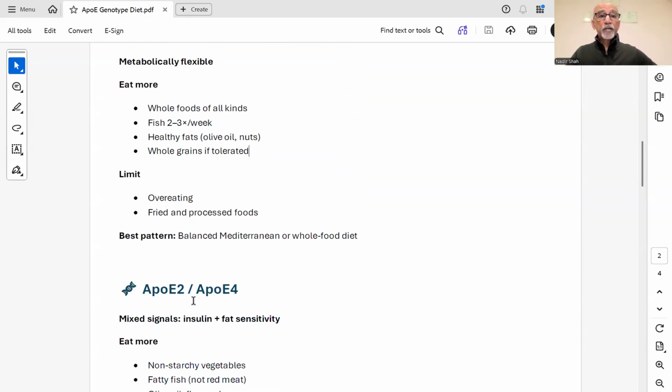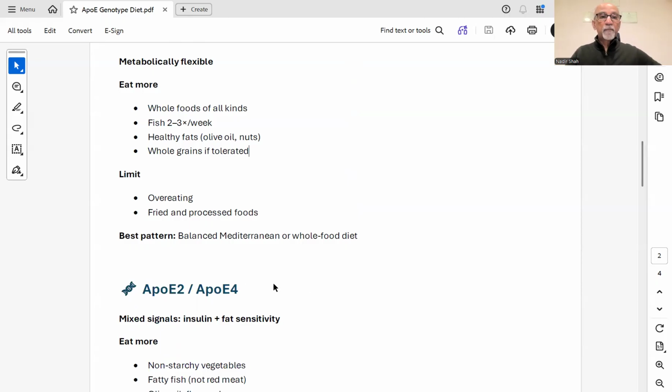Again, ApoE 2-4. So it shares some traits with ApoE genotype 2, and it shares some with 4. Now remember that 4 is a very fat-metabolizing category genotype. It metabolizes fats pretty fast.